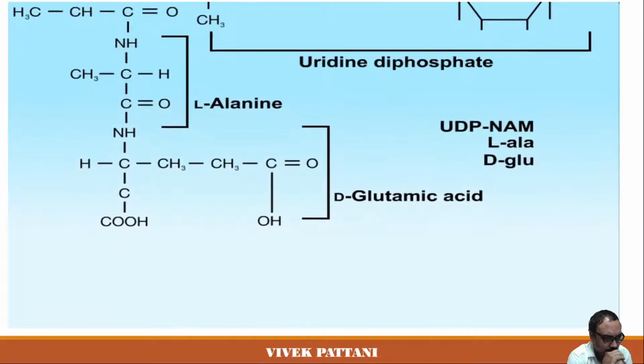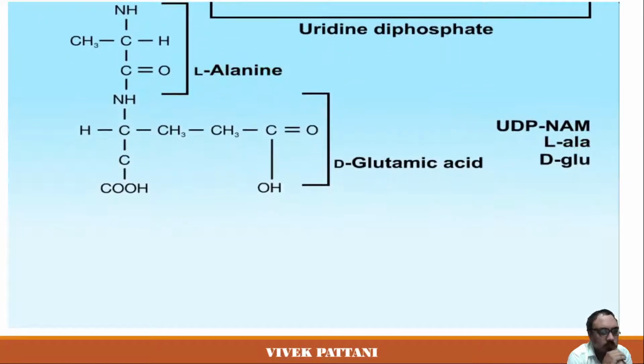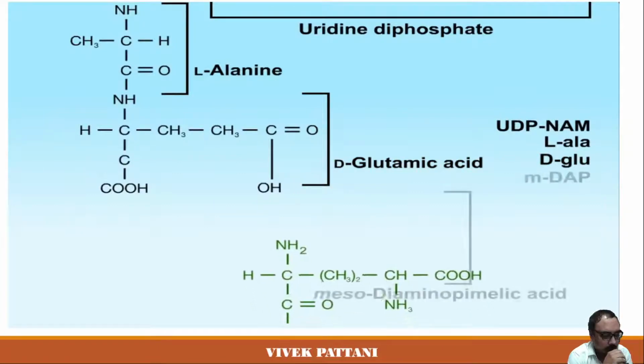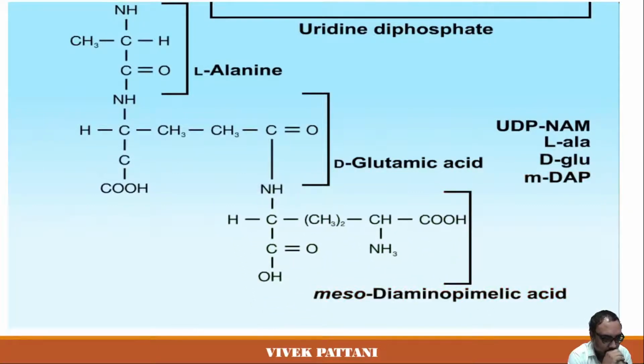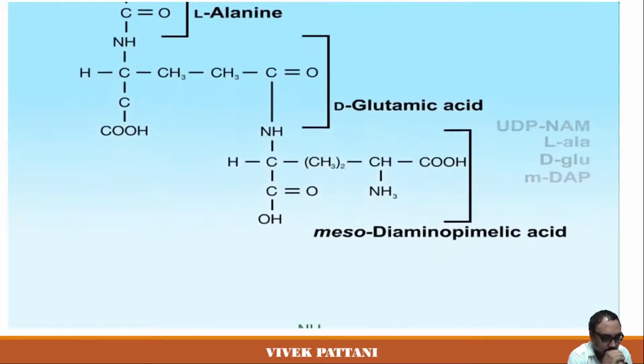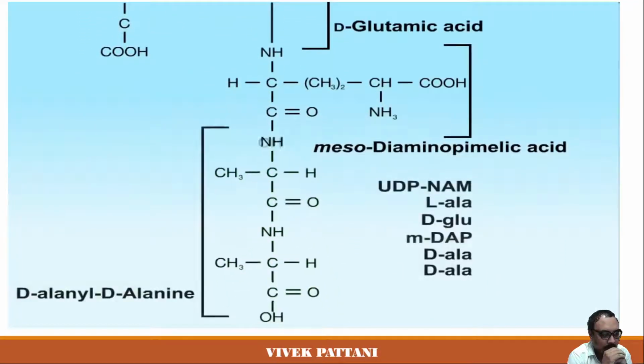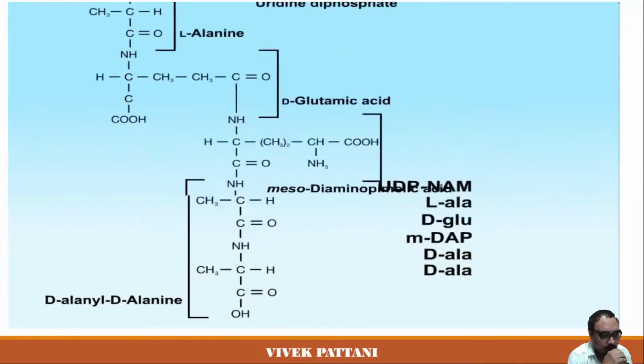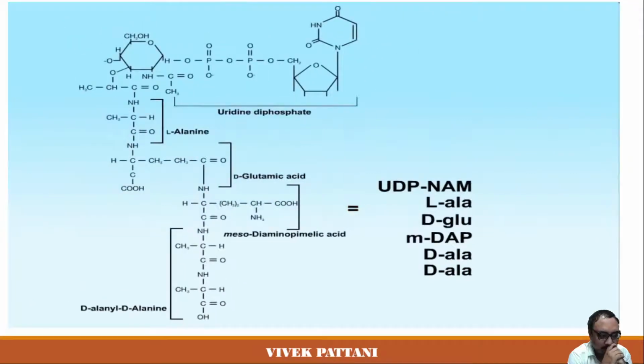In the case of Escherichia coli, L-alanine is added first, then D-glutamic acid, then meso-diaminopimelic acid. Finally, the dipeptide, D-alanyl-D-alanine, is added to form the pentapeptide side chain.